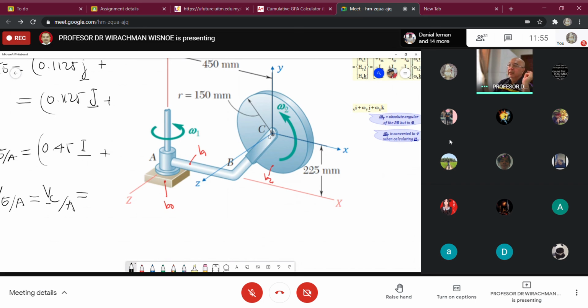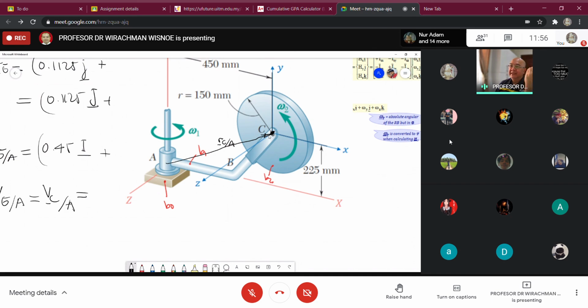Okay. Point C is here, at the distance from point A is that one. That will be RCA or RGA. Point C is on the frame, on the arm.